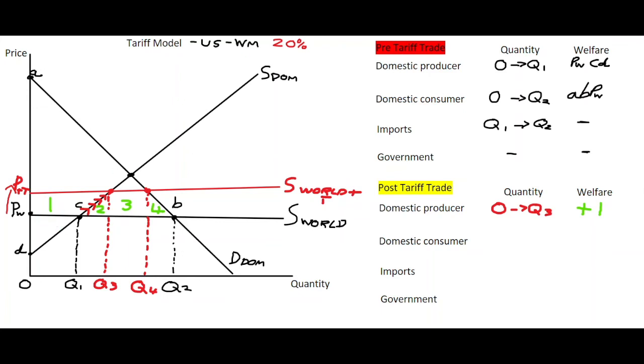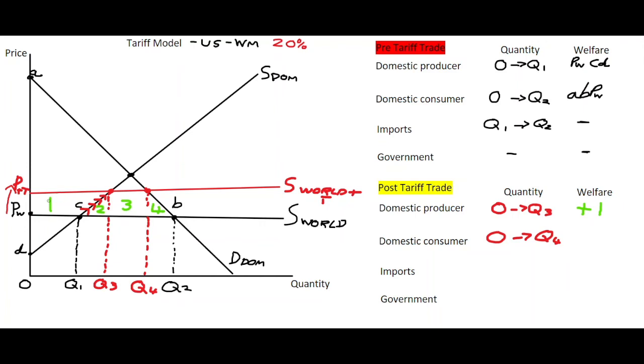If we move on to US domestic consumers, what we now see is they are actually consuming less. They're consuming between 0 and quantity 4. So because the price of washing machines is now higher, US consumers are buying less of them. So down to Q4 in this case. Now, their welfare has been affected greatly.